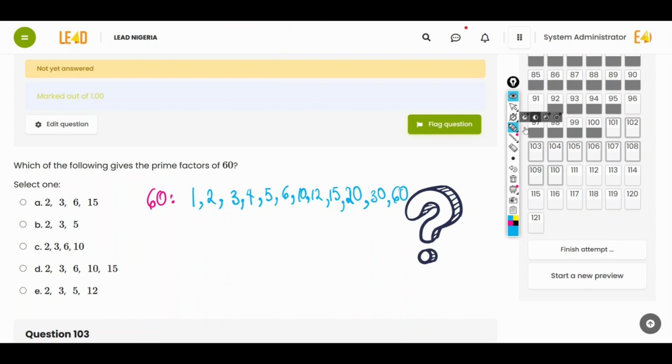So let's look at the ones that are prime. 1 is not prime, because for it to be a prime number, the number must have 2 factors, but 1 has only 1 factor, itself.